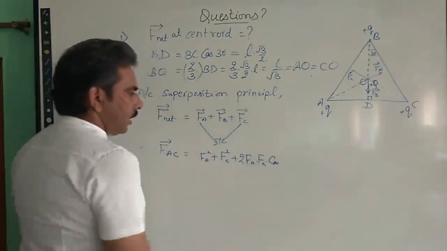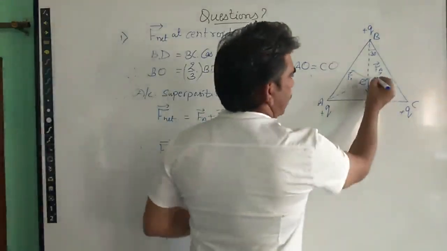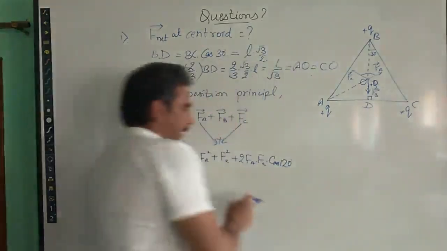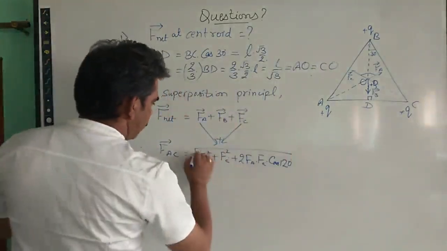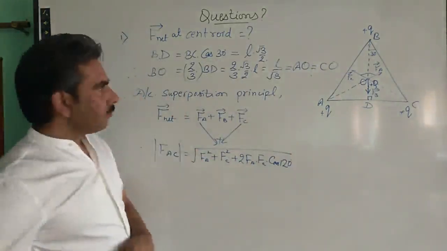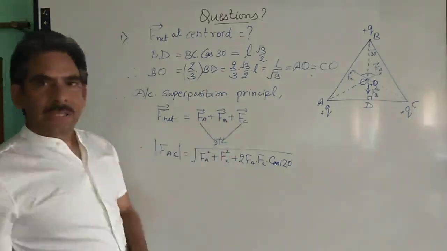And here the angle between these two, Fa and Fc, is 120 degrees. You can find it by mathematical geometry. So this is the magnitude of the force, or we can say the resultant of the forces Fa and Fc.